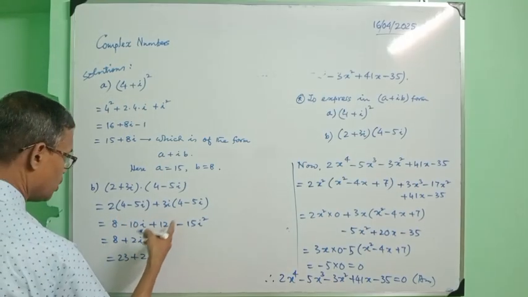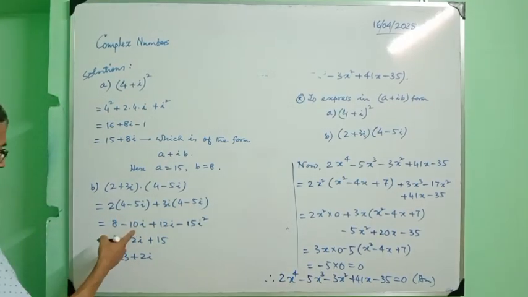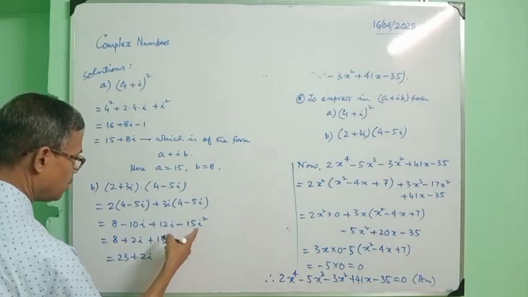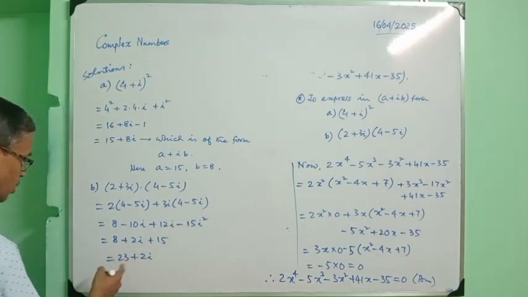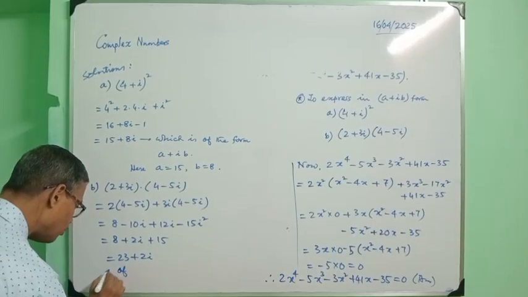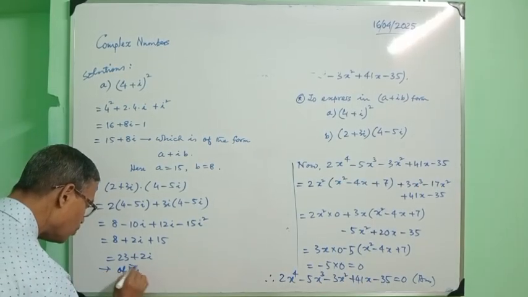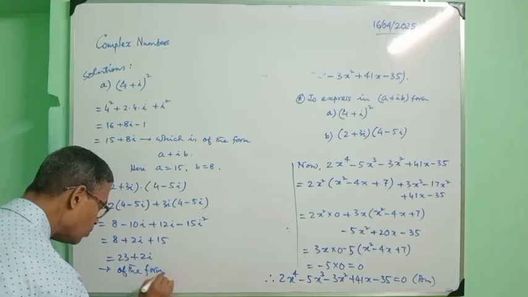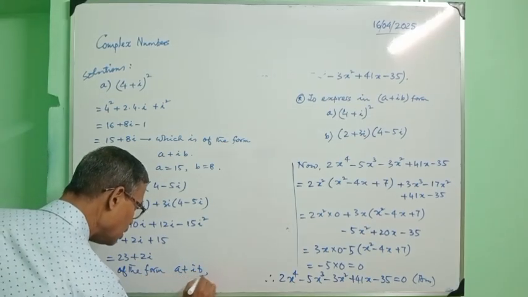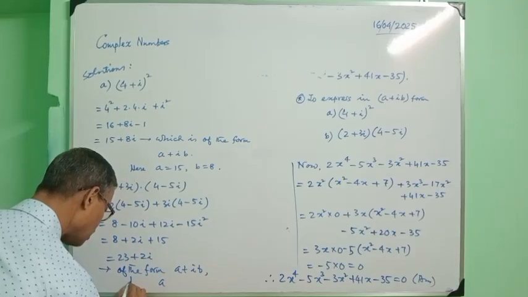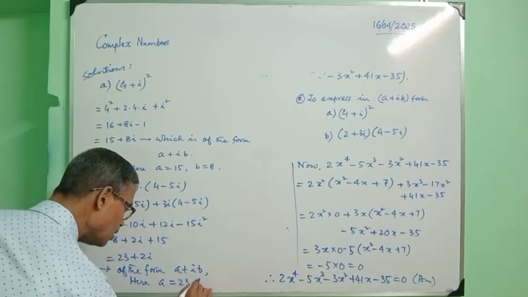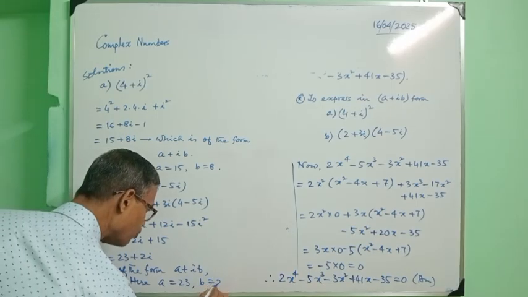Minus 5i, 3i: 8 minus 10i, 12i, minus 15i square, 23 plus 2i. Of the form a plus ib, here a equal to 23, b equal to 2.